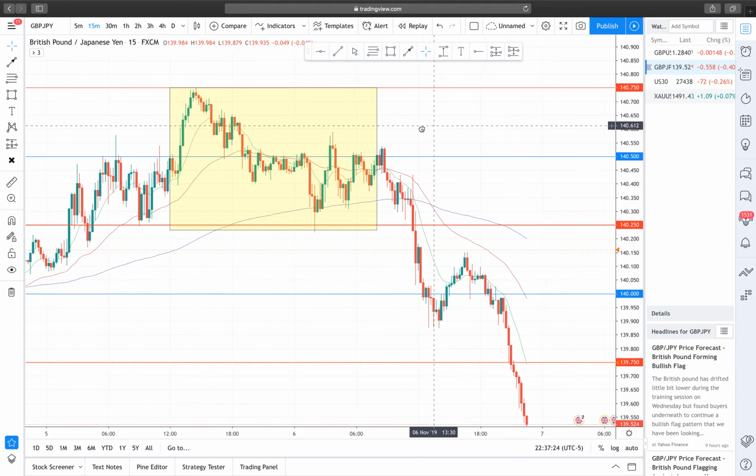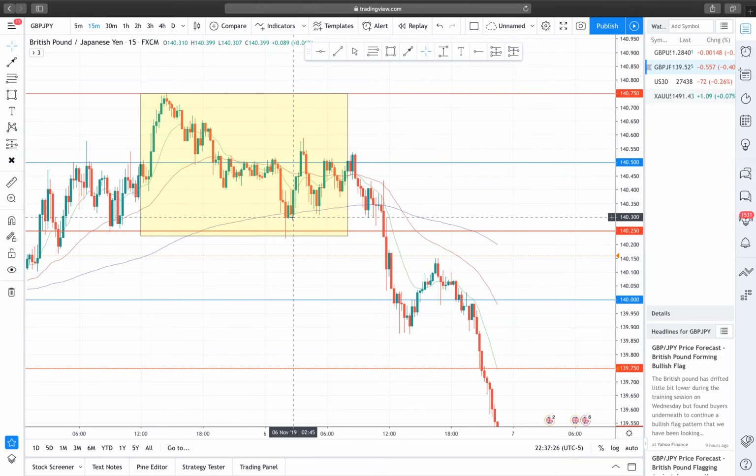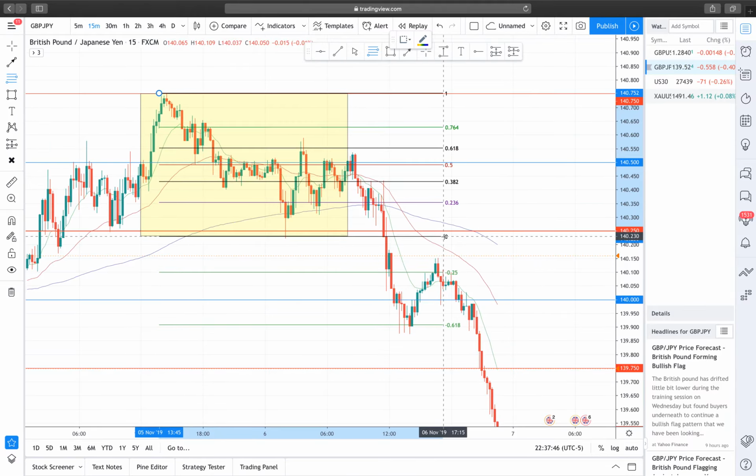Look at this. What do we have in this box at this QP? What we have is a lot more rejections at this QP, basically telling you this thing doesn't want to go up. So look at this. We could have rode Fibonacci from here to here.